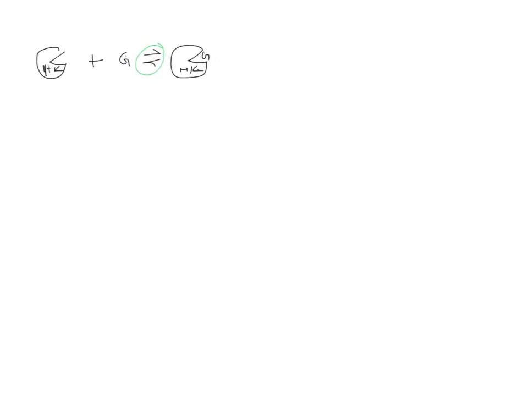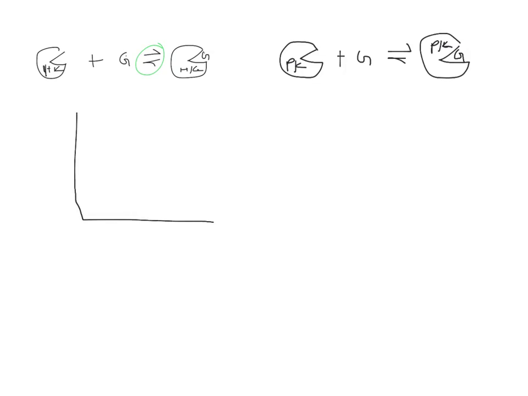But you think that there might be also another protein that it binds to, and I'm going to call this one PK. You could find the KD for both of them and figure out which one binds better. You would need 2 graphs. 1, 0. Put the little R there for simplicity.